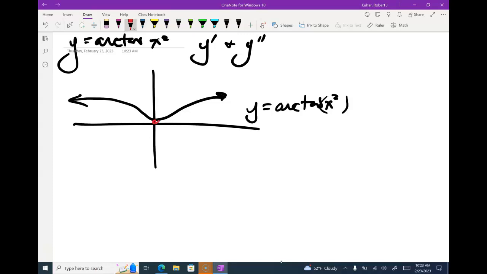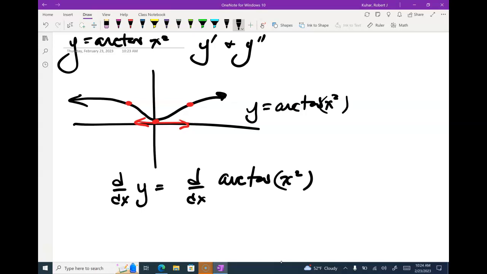Where's my first derivative going to be 0? And you can kind of see where my second derivative will be 0. These little turning points when I'm turning the wheel of my car. Good. We want to do d dx of y should be the same as d dx of arctan of x squared.